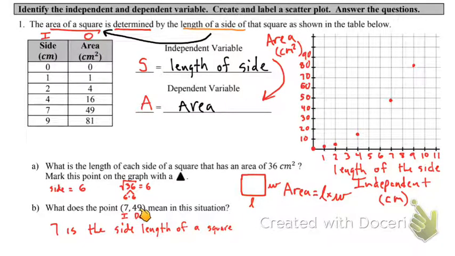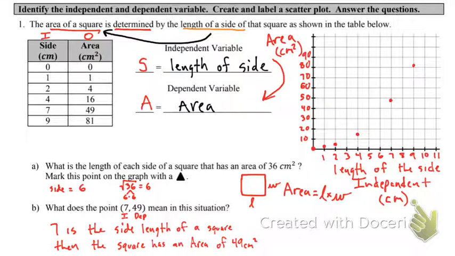And what does 49 mean? Well, what 49 means is this: if 7 is the side length of the square, then the square has an area of 49 centimeters squared.